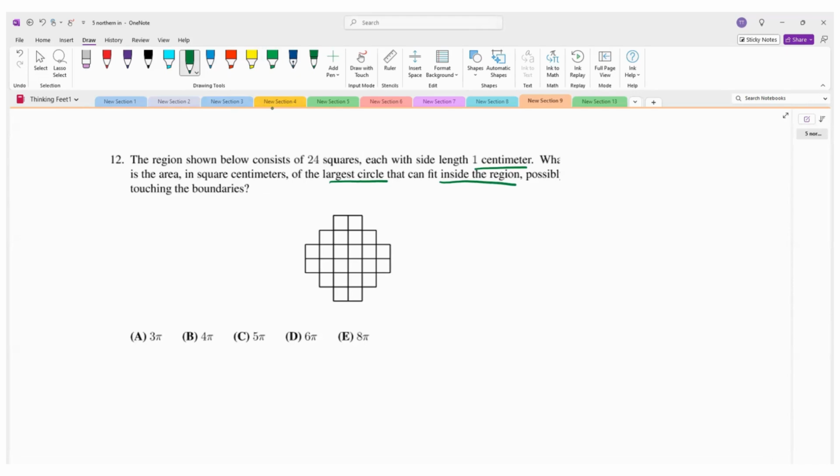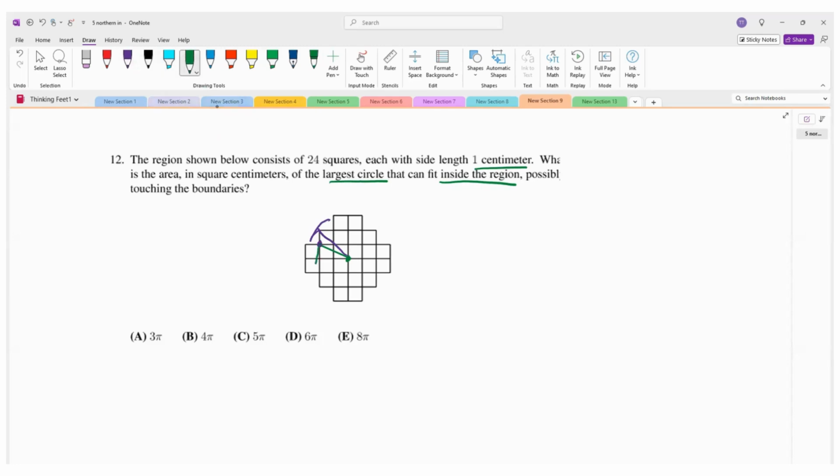So the shape is pretty symmetrical, so I'm going to assume that the center of the circle is going to be here. And intuitively, I'm going to experiment with this being the radius, right? If this would be the radius, part of the circle will go outside the square. So I'm looking at the furthest intersection that will keep the circle inside the boundary, right?